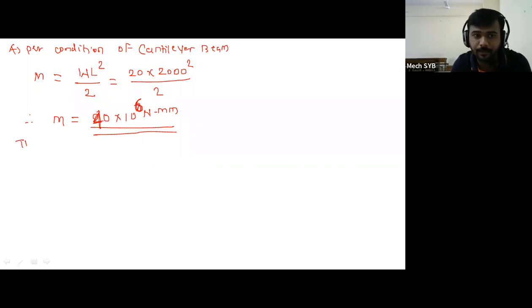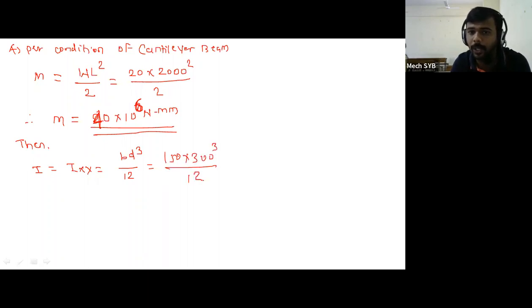Then I is equal to Ixx is equal to BD cube divided by 12. So value of B 150, value of D 300 cube divided by 12.